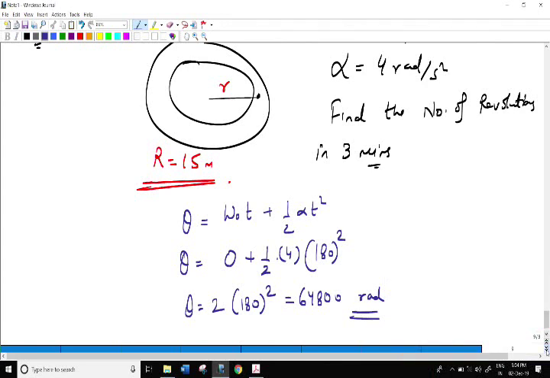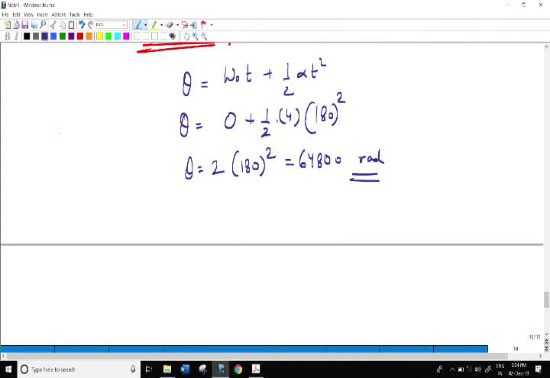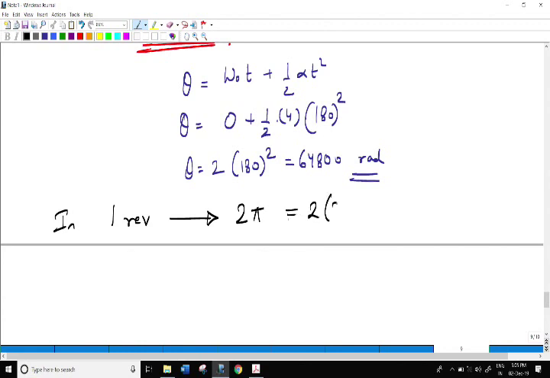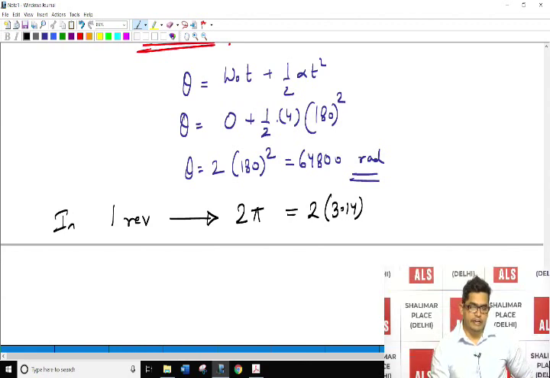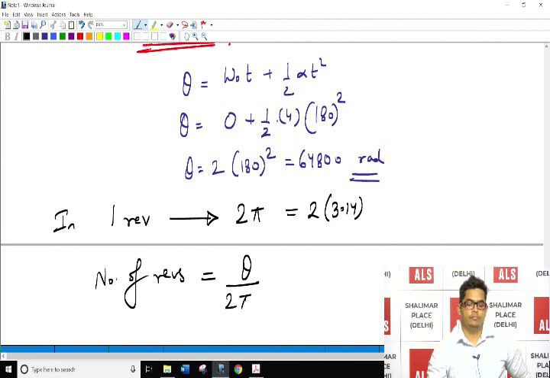We all know that in one revolution, the angle covered is 2 pi radians, isn't it? Pi is 3.14, so around 6.28. In every revolution, we cover around 6.28 radians. So the number of revolutions is equal to total theta covered divided by 2 pi.